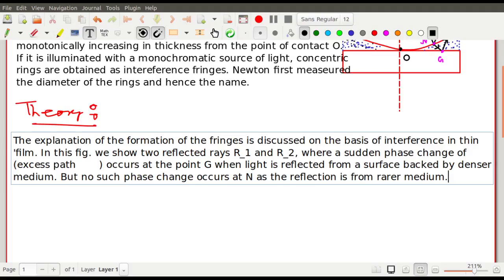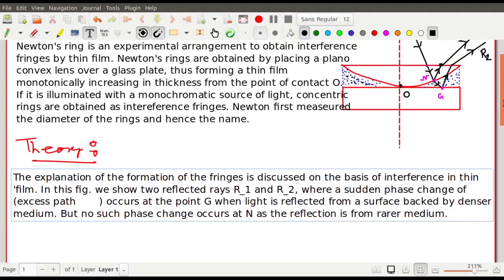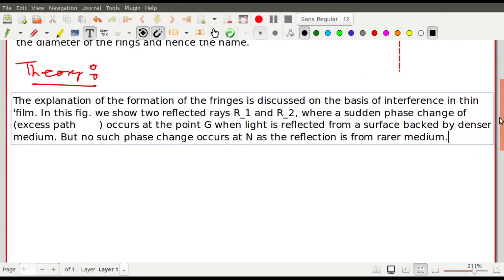Okay, so that is what we understand properly, as the reflection is from the rarer medium. So everything is properly understood by us.